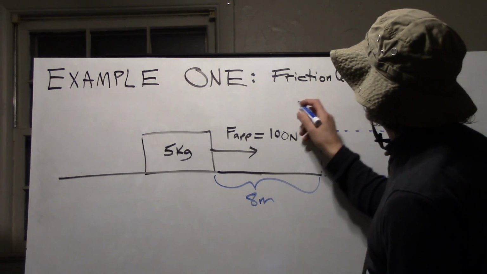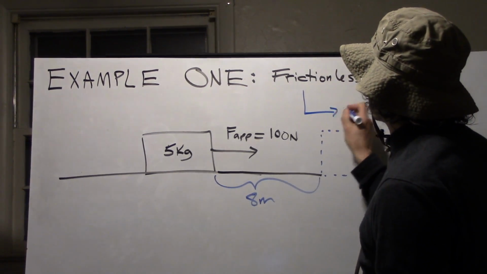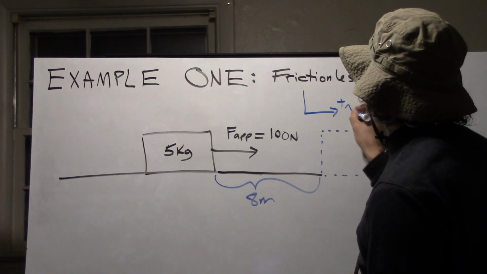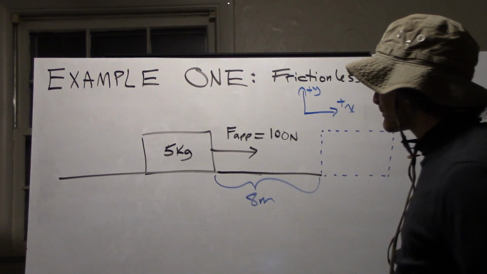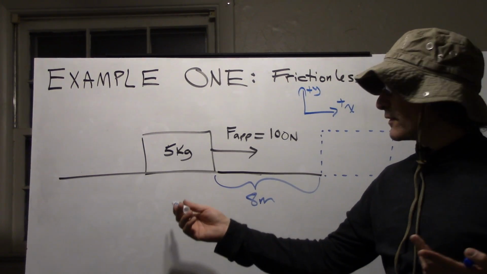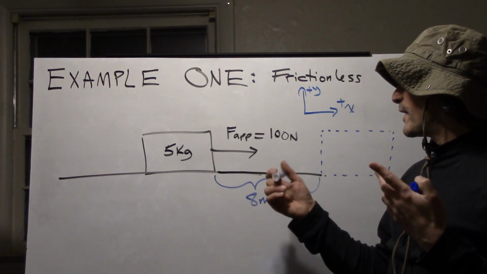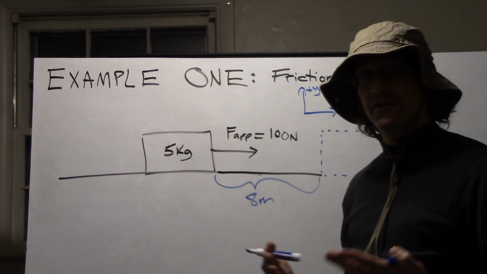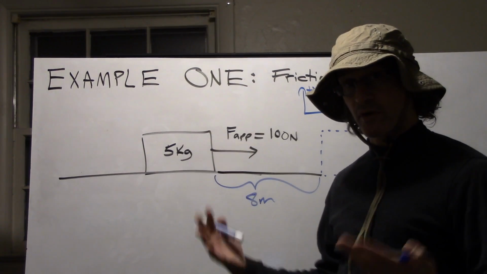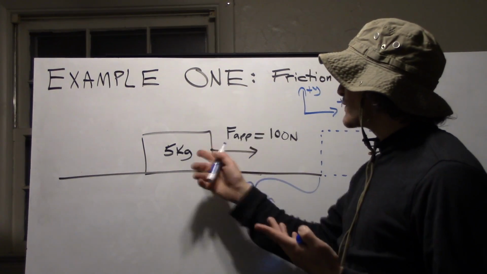So I really should establish a coordinate system to indicate which direction is positive. So that's positive x and positive y, like that. And this object is on a frictionless surface, just to make it simple over here.